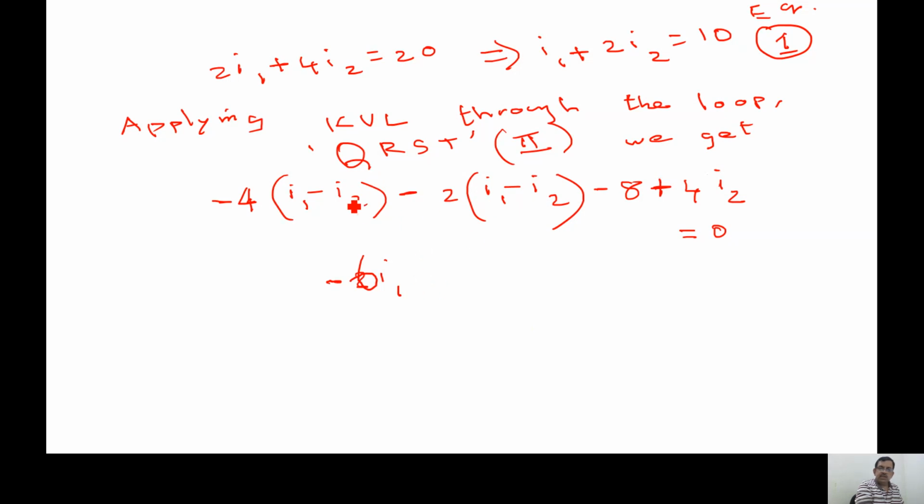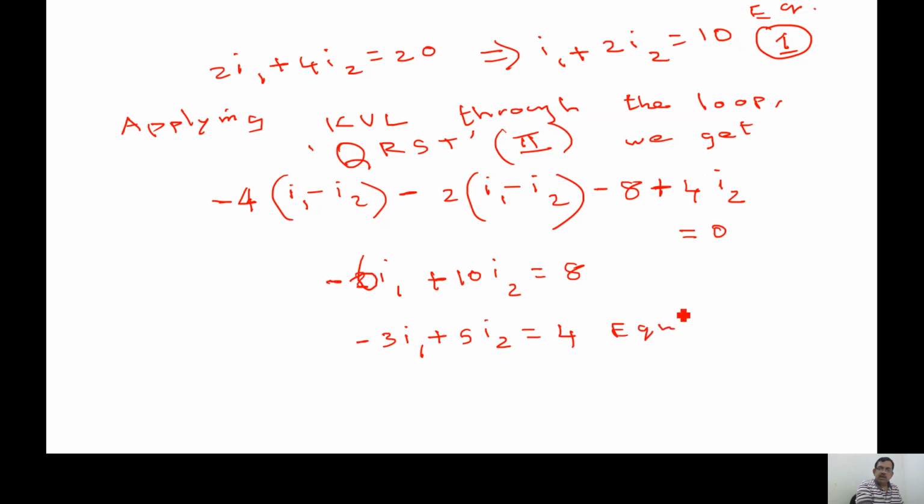Then I have this 4 I2 plus 4 I2, plus 2 I2, so it becomes plus 10 I2 equal to, moving to the other side, plus 8. So it becomes minus 3 I1 plus 5 I2 equal to 4. So this is equation 2.